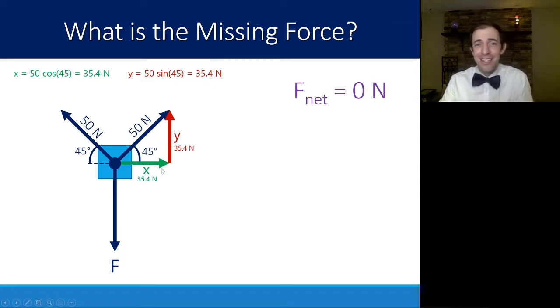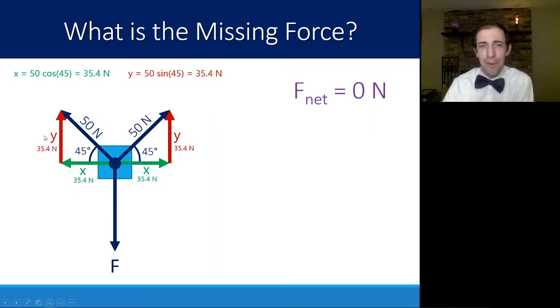A 45-degree triangle is going to be symmetrical on those two perpendicular sides. Since the other one is also a 50 newton force at a 45-degree angle, I can just reflect that over. It's the exact same result. X is 35.4 and Y is 35.4.